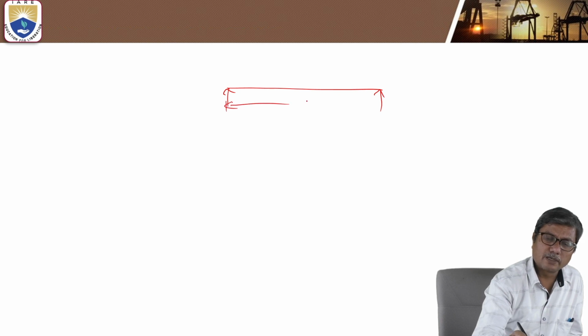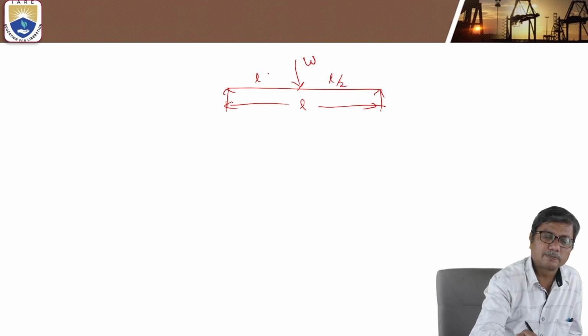So now let L be the span and W be the point load at mid span. So maximum bending moment is WL by 4.